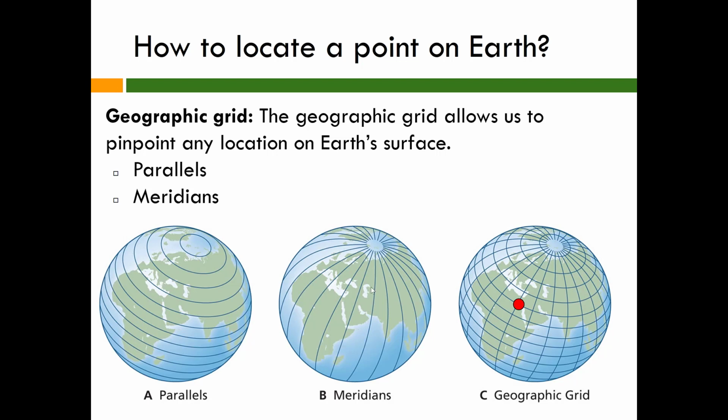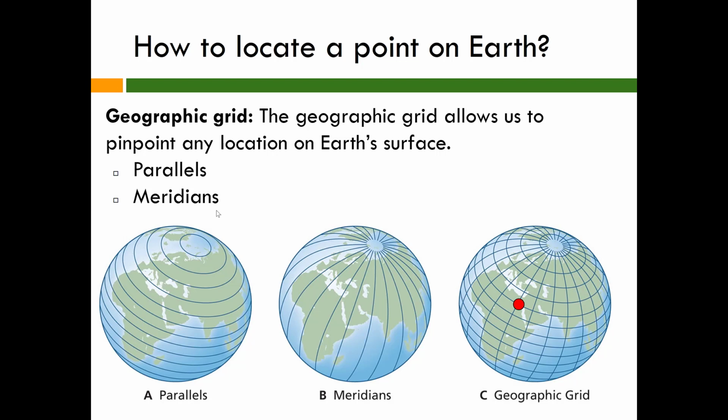But those so-called vertical lines converge at the North Pole and South Pole. The horizontal lines are all parallel with the equator, so we call them parallels. And those converging lines, which converge at the North Pole and South Pole, we call them meridians.